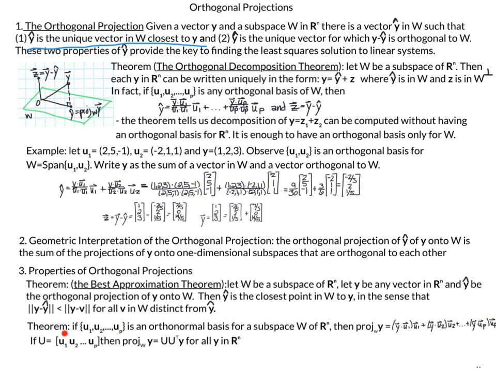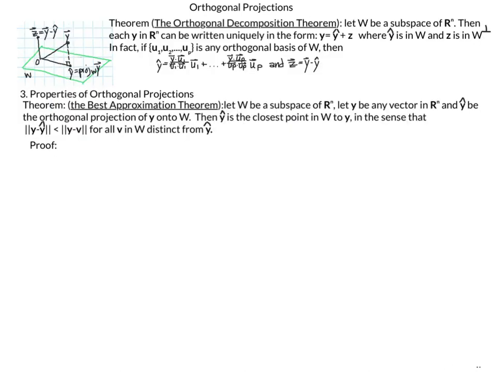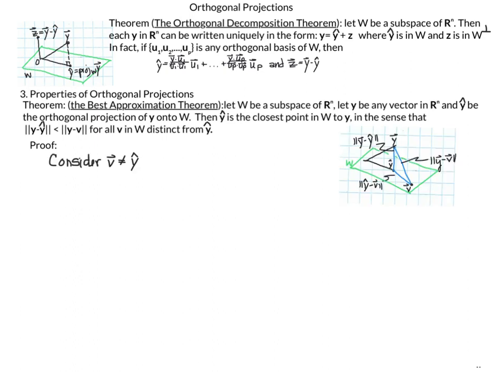And we have one more theorem here, but before we get to it, let's take a closer look at the best approximation theorem. I have my orthogonal decomposition theorem here, which gives us our formula for y hat and z. And then I have my best approximation theorem, which makes the claim that y hat is the point in W closest to y. We are going to start with a vector v not equal to y hat. Here's our picture.